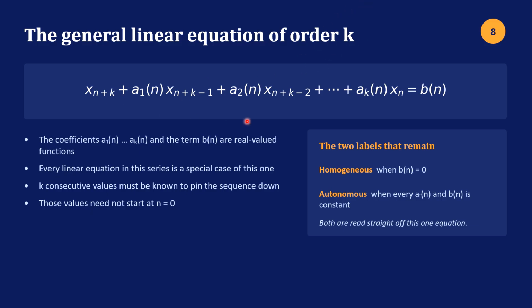We can also use this equation to define homogeneous and autonomous. If this b of n is 0, then it's homogeneous. And b of n is just whatever terms are not multiplied times the x. If you just take those to one side, and if they're not 0, then you're not homogeneous.